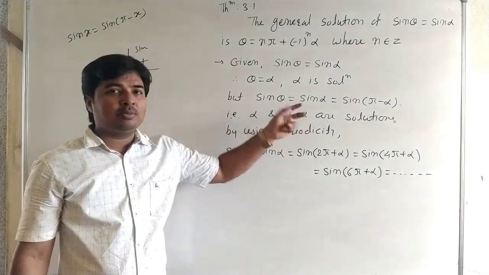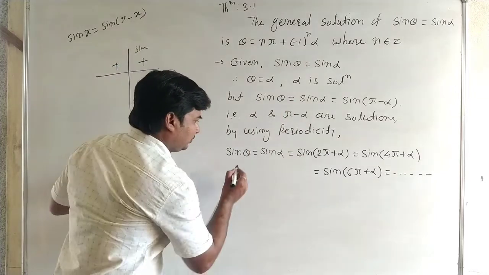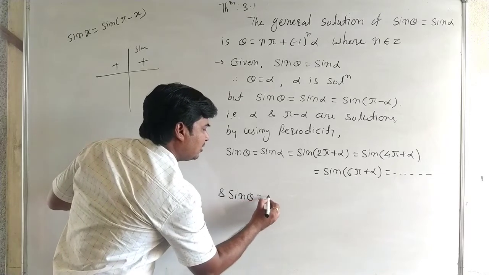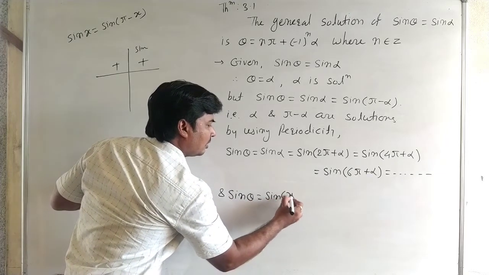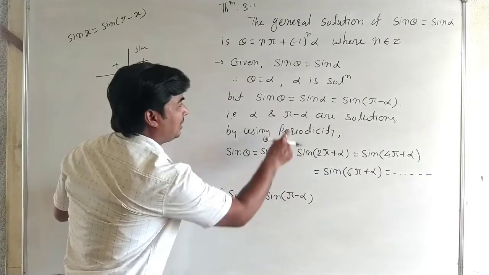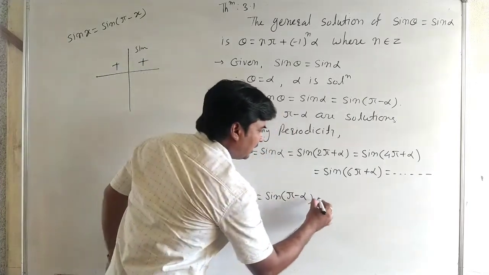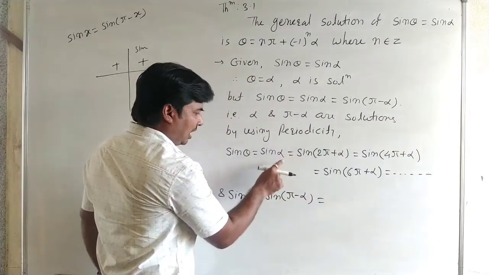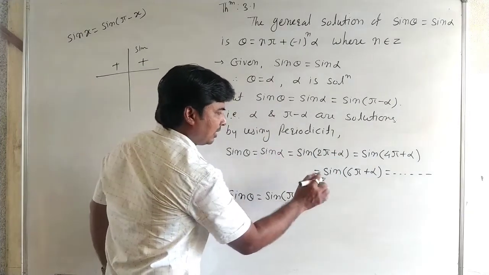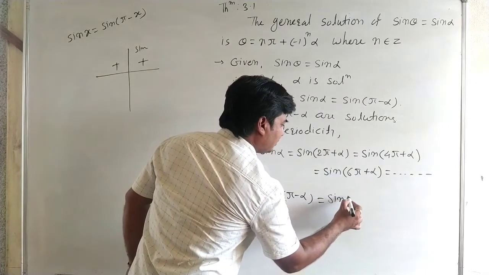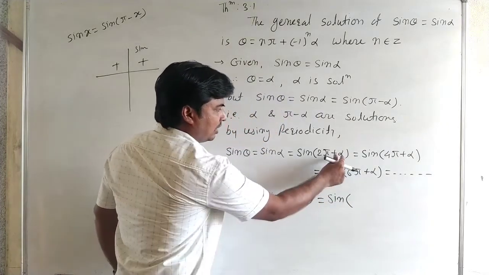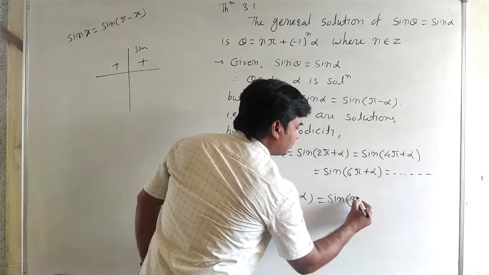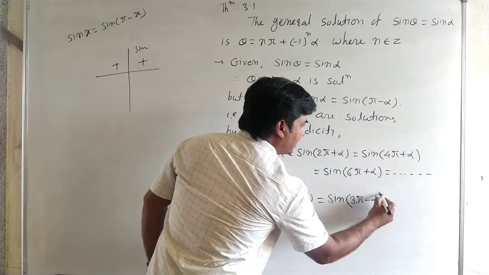Now pi minus alpha lies in the second quadrant. Now see carefully. Also sin theta is equal to sin pi minus alpha, because alpha and pi minus alpha are the solutions. Therefore we can write sin alpha is equal to sin 2 pi plus alpha. Here alpha is replaced by pi minus alpha. Therefore this is sin, when alpha is replaced by pi minus alpha, we can write 2 pi and pi, it is 3 pi minus alpha.